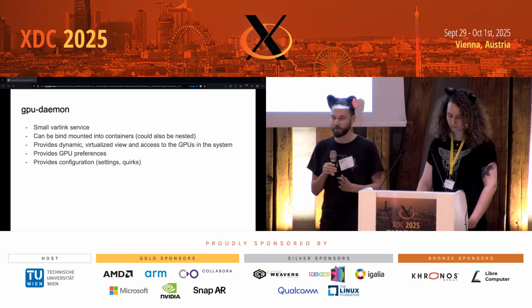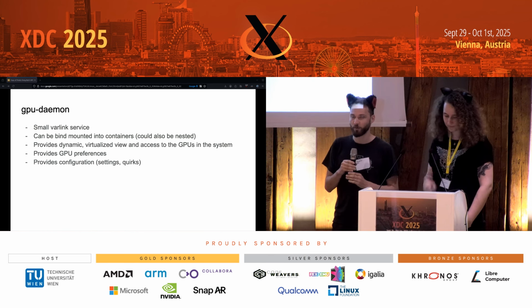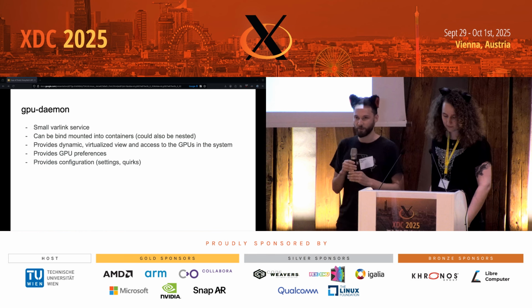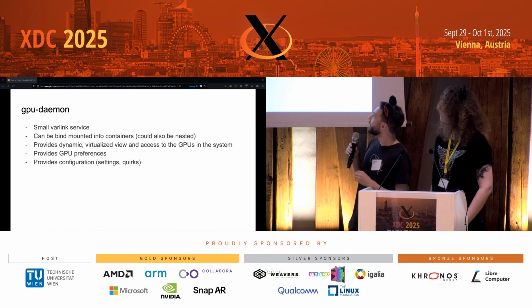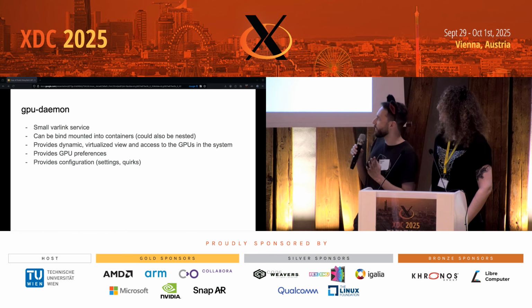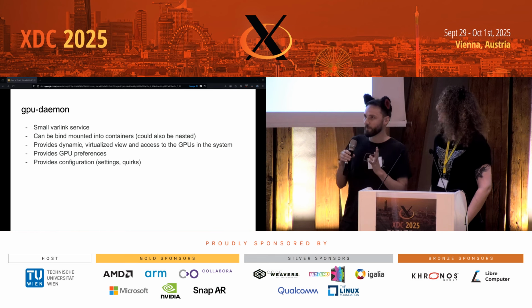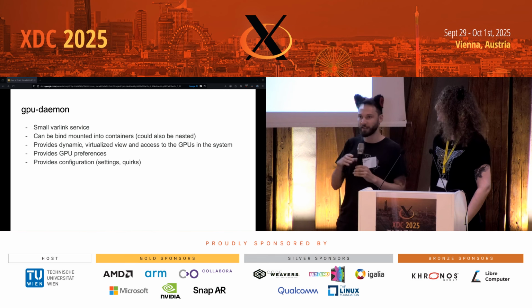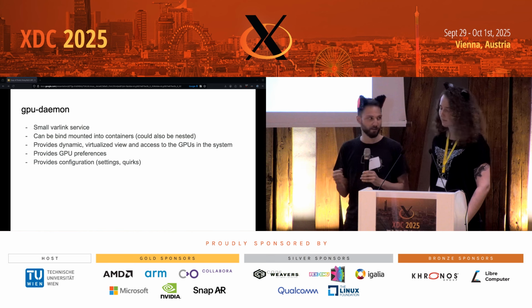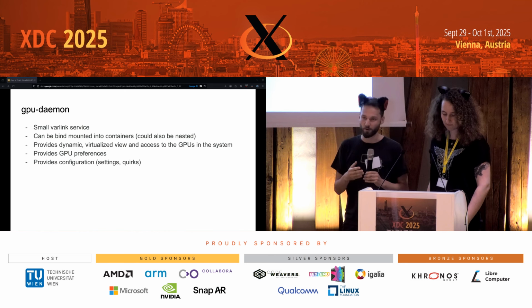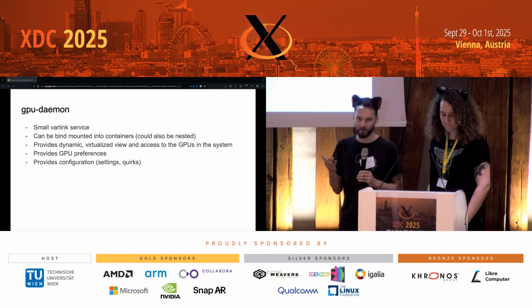We also want the service to provide the configuration for the GPU, which usually just exists somewhere on the host in files. Just think about the quirks that you might want to apply, or whatever else of configuration you can have. By sending it over the service, you don't have to care about the files on the file system anymore.